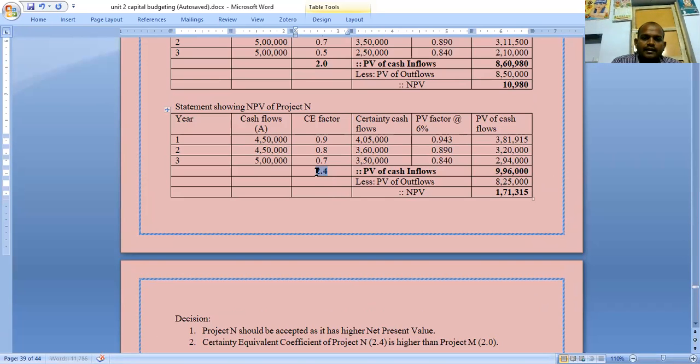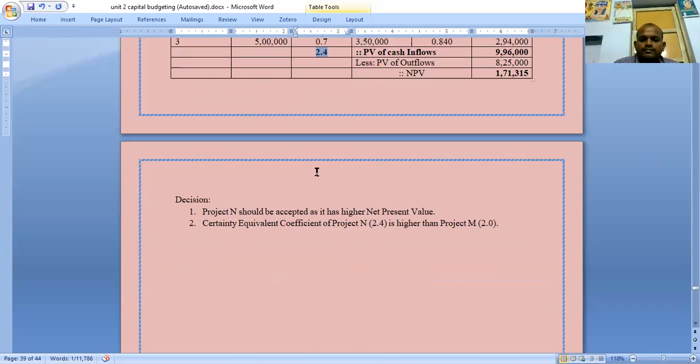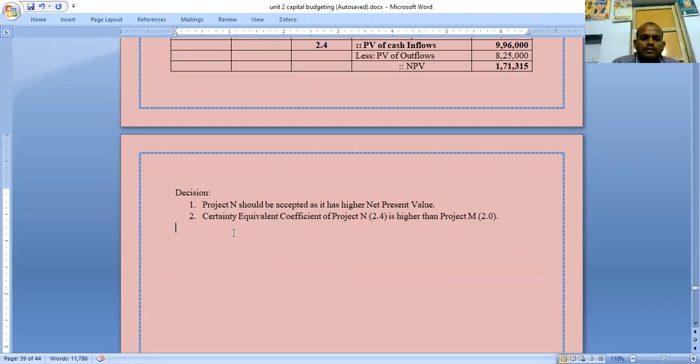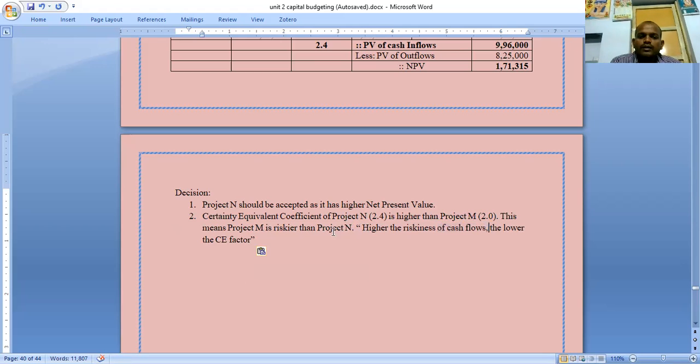Certainty is higher in the sense cash flows are very much certain in the project N. Confirmed cash flows are more in the project N. So if compared to the project N, there is no conformity in the cash flows in project M. Therefore, this means project M is riskier than the project N. Higher the riskiness of cash flows, the lower the CE factor.